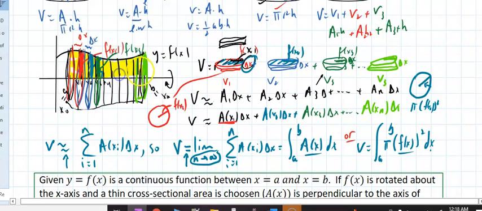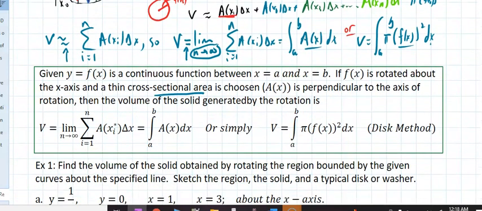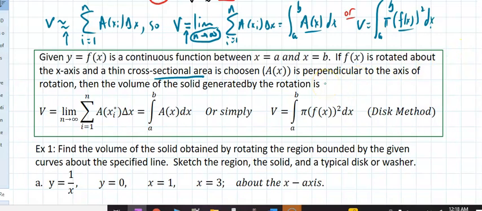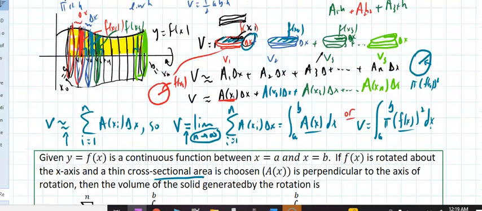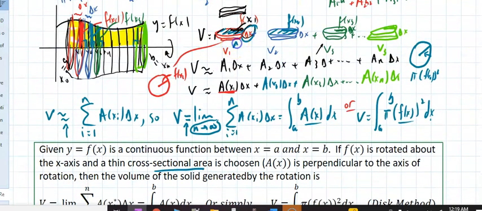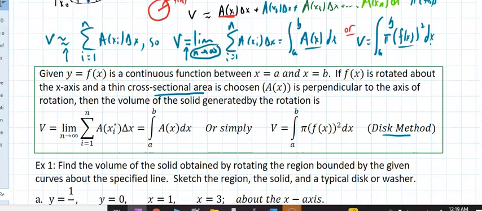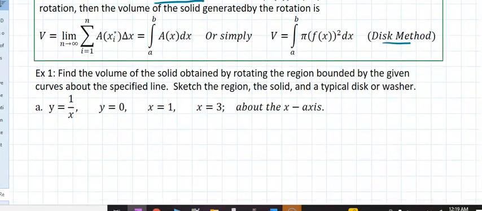That's going to be very important how we pick those. There are two ways of doing those. In this section, we pick them perpendicular to the axis of rotation. Then the volume of the solid generated, well, this is called the disk method, because every time you rotate, you're going to be looking at a bunch of those disks. And all you have to do is find the area of that, and that pretty much does it.